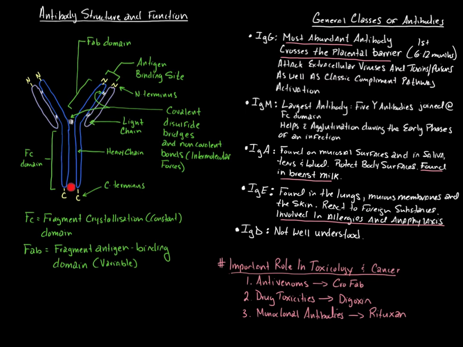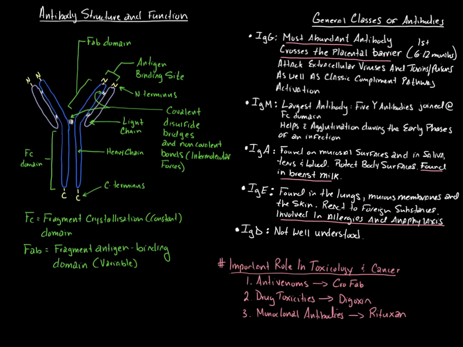But here in the heavy chains, or the Fc domain, there are some minor immunological things that happen, but a lot of what an antibody does is actually in this distal part here, this Y part, and this part is known as the Fab domain, or the fragment antigen binding domain.